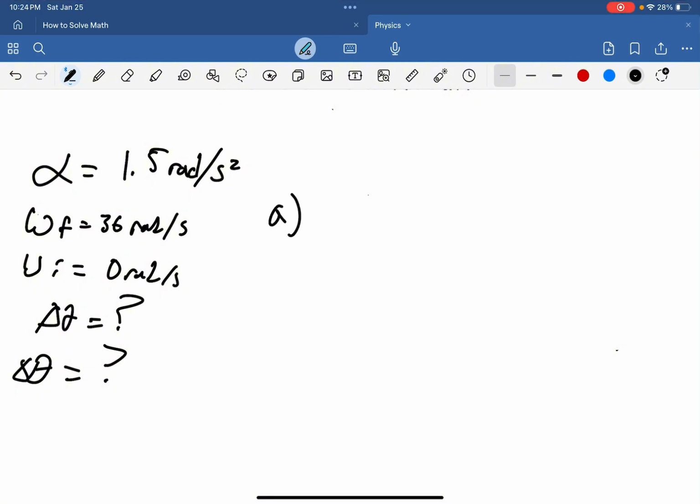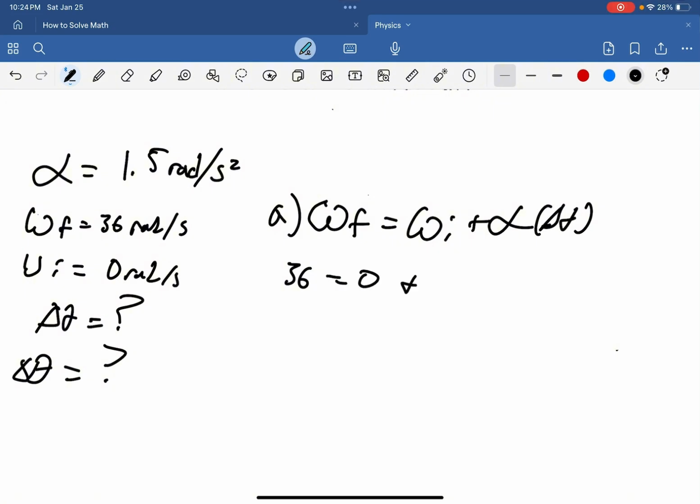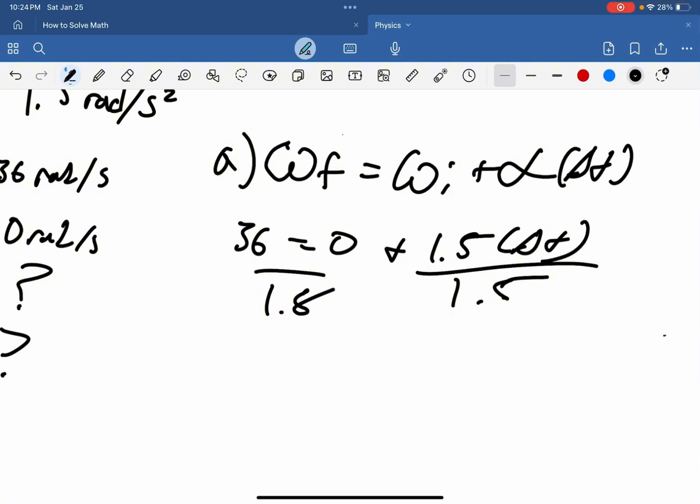So this is when we finally use that equation that I was saying before. Omega F is equal to omega I plus alpha change in time. So now we can actually plug this in. 36 is equal to 0 plus 1.5 change in time. Divide by 1.5. I'm going to use the calculator for this because I'm not good at mental math when it comes to decimals.